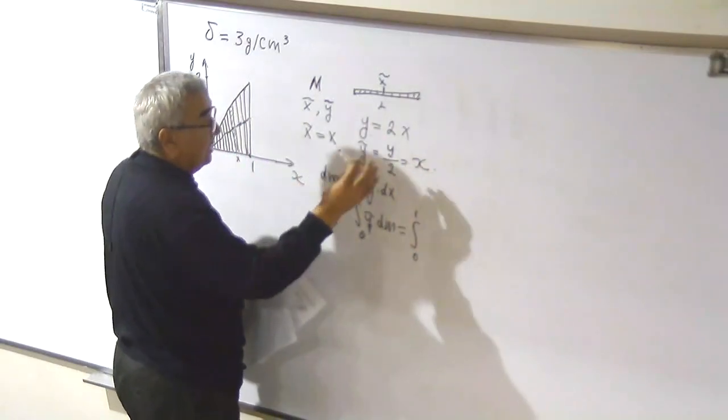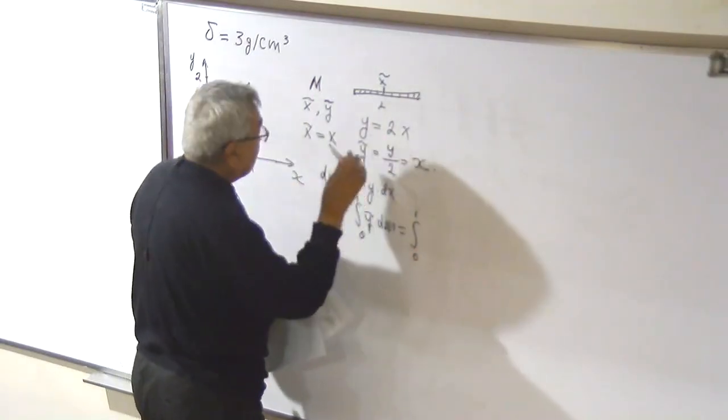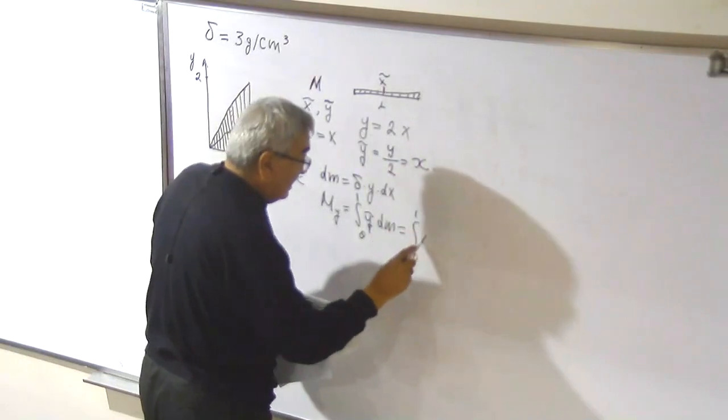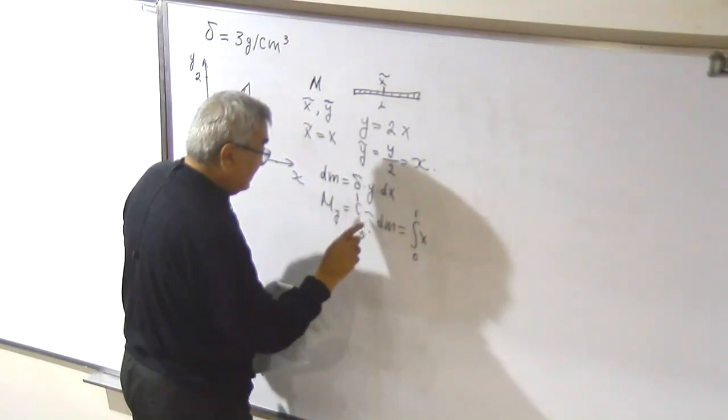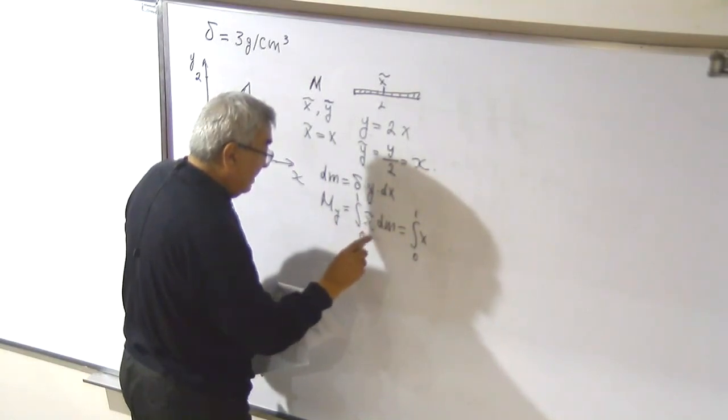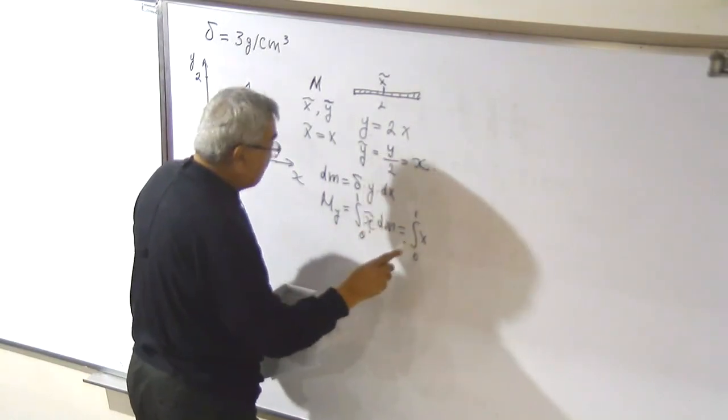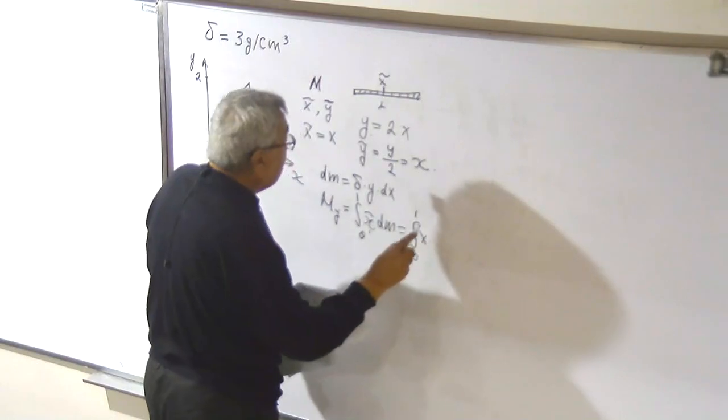I substitute this value, x, sorry, here that should be x. I'm sorry. That means x multiplied by dm.